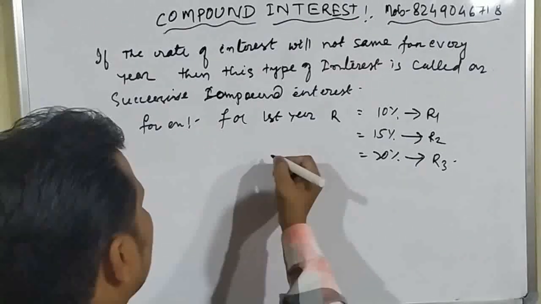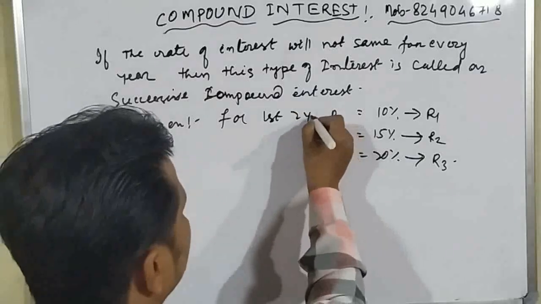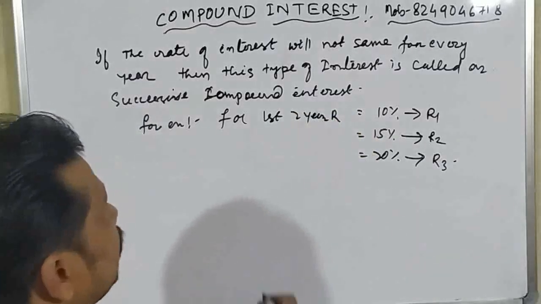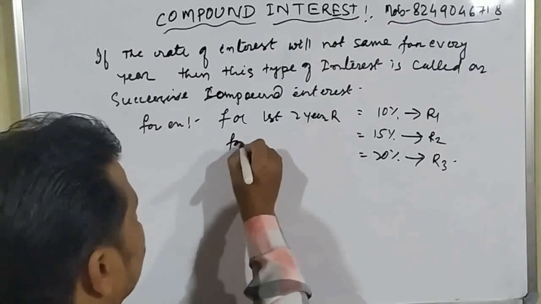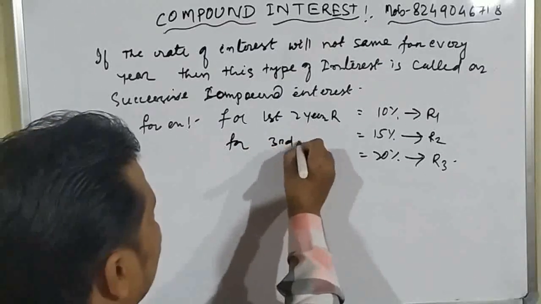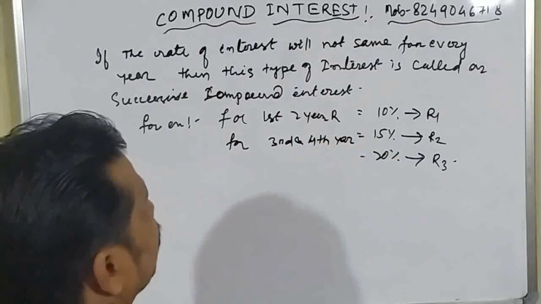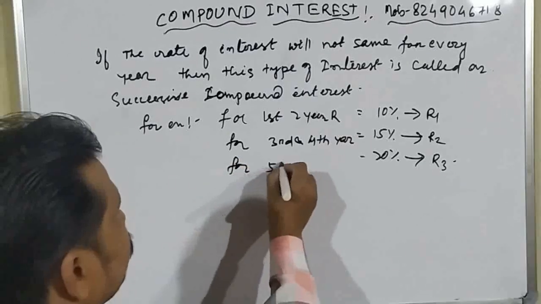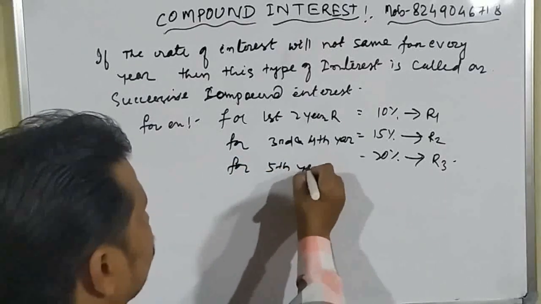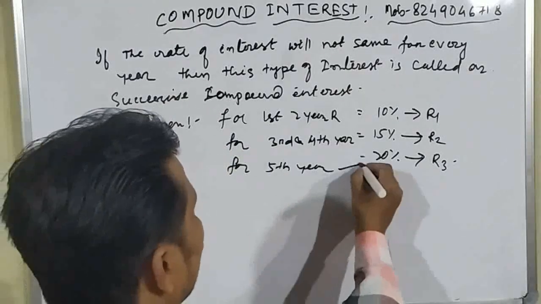For the third and fourth year, rate equal to this much. And for the fifth year, the rate is this much. Then how can we calculate?